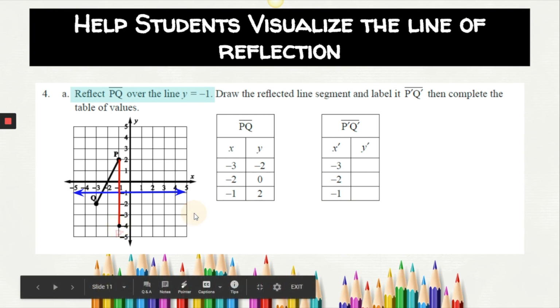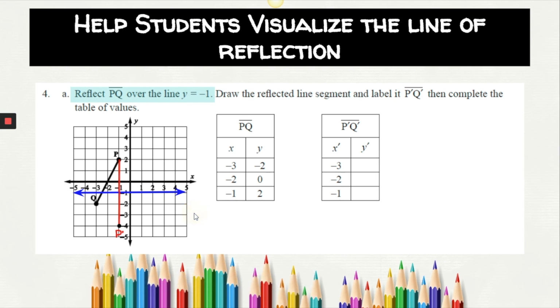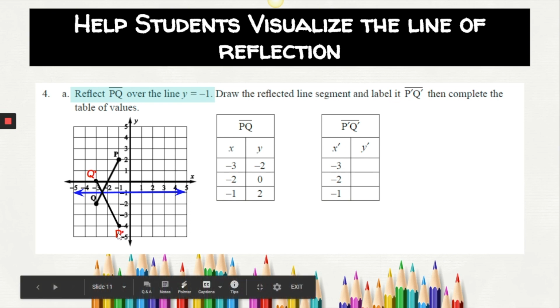So we place that P prime there, whereas Q is actually going to go above the line of reflection. And so there's my Q prime there. Just reassure the students that this is correct and it's okay for one point to go across one way, whereas the other point can go across the other way. And we connect these 2 points.